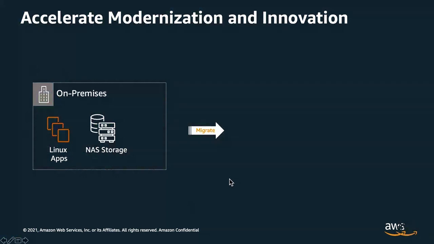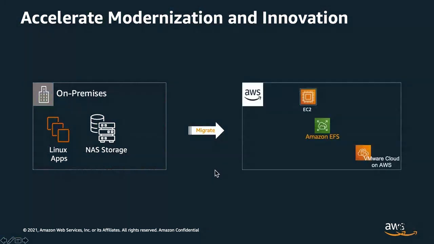And using solutions such as AWS DataSync or any of the third-party vendors, for example, Komprise comes to my mind, they can migrate this NAS storage from on premises into AWS. So the migration part is pretty straightforward. They take the NAS storage, put it in Amazon Elastic File System. They take their Linux applications and start running them in EC2. Some of our customers also run them in VMware Cloud on AWS and access the data from the Elastic File System. So this is a straightforward migration journey.